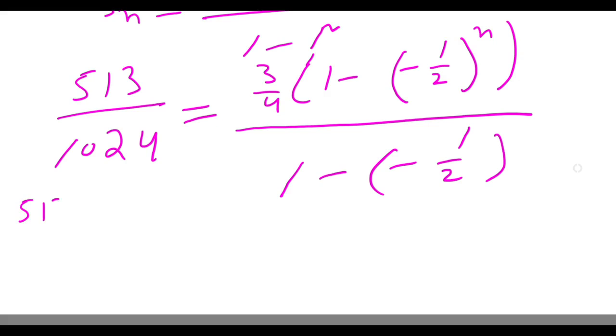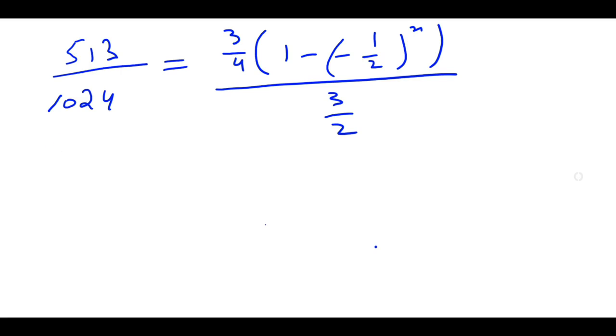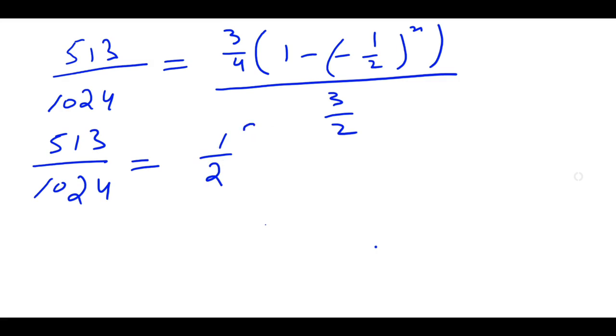So 513 over 1024 is equal to 3/4 times the bracket 1 minus (-1/2)^n over 3/2. So I'm going to further simplify. 513 over 1024 is equal to, 3/4 divided by 3/2 is 1/2, times the bracket 1 minus (-1/2)^n.